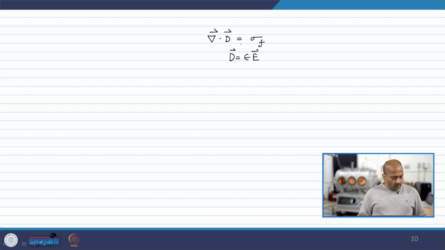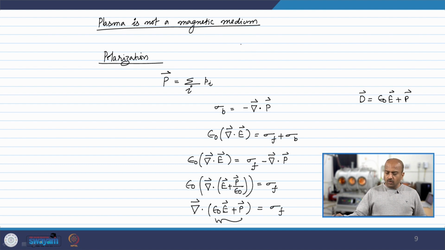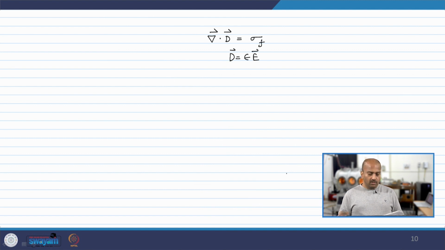So, what have we done? Looking back, we wrote the Maxwell equation including the bound charge densities, and this bound charge density, which is expressed in terms of the polarization, simply absorbs all of this and gives you a simple equation, which is del dot D is equal to sigma_f. So, the divergence of the displacement field is equal to the free charge density, right.